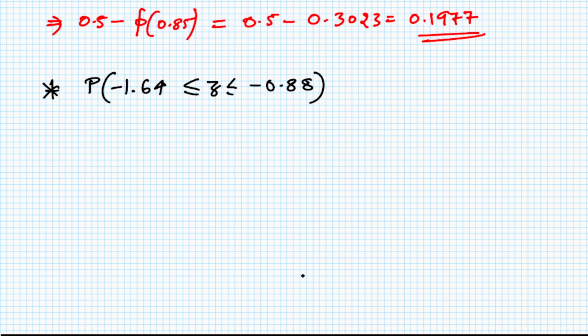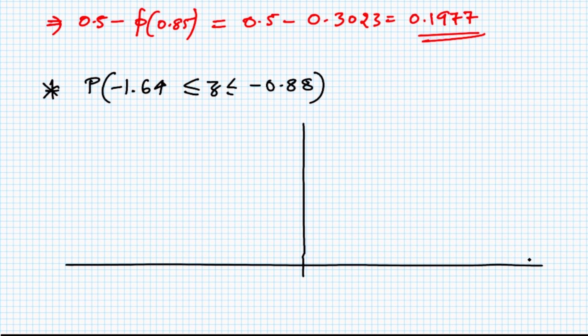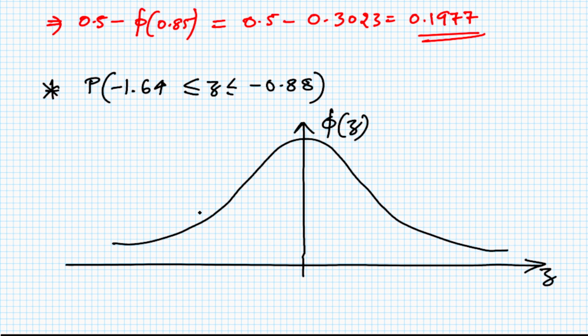Right, so let's try to draw this. This is Z, phi of Z, so we have the curve like this. They are asking both on the negative side.